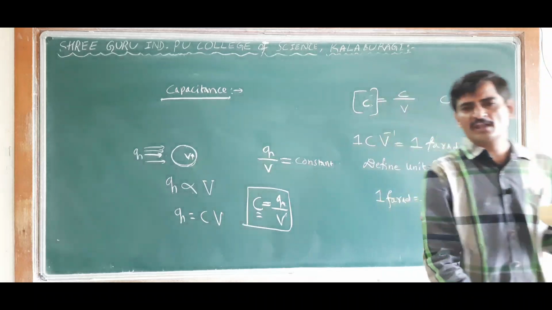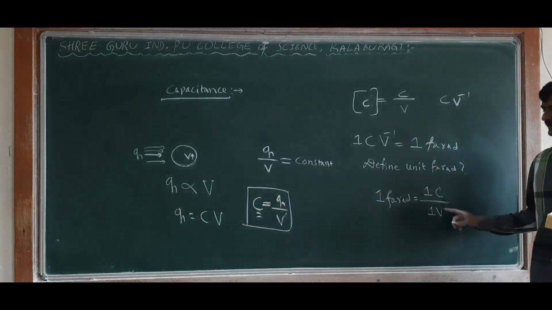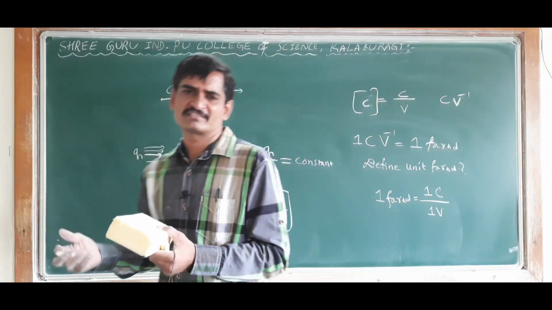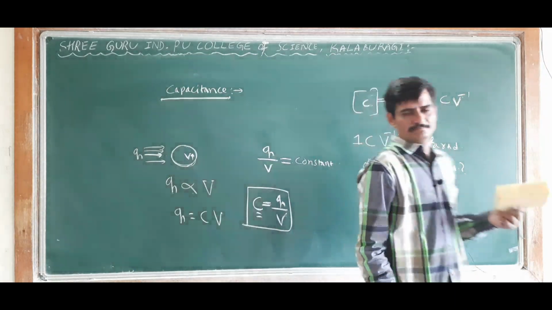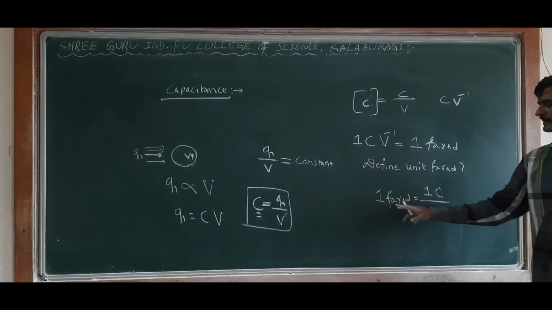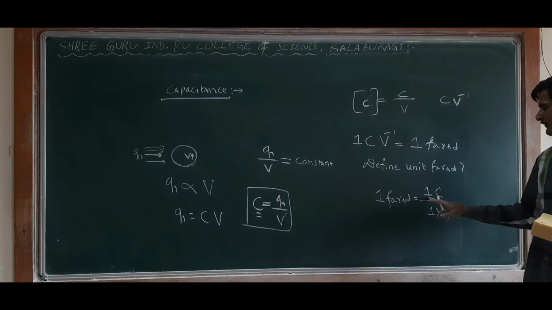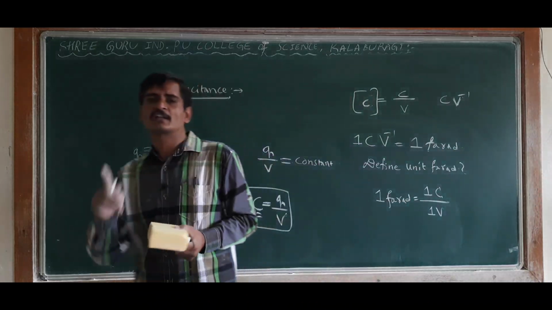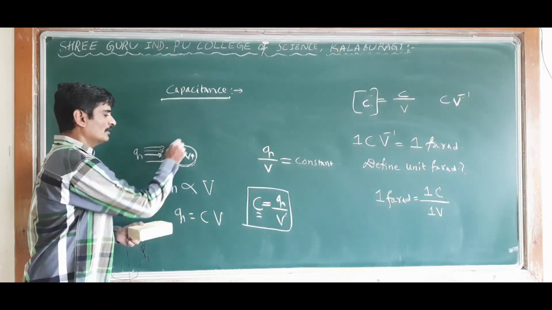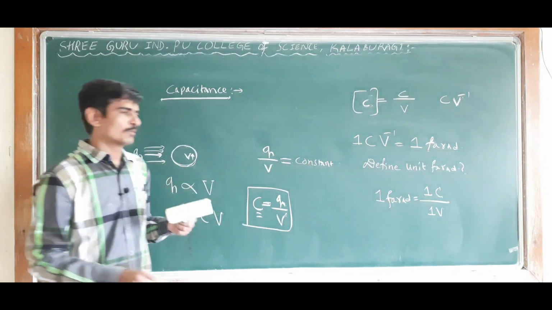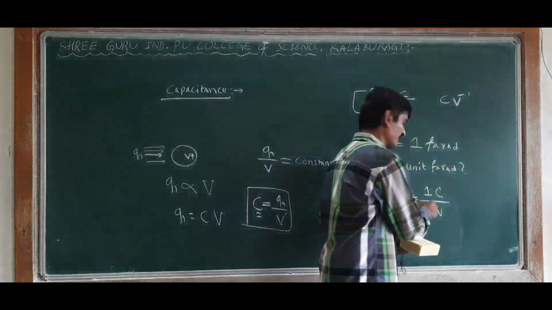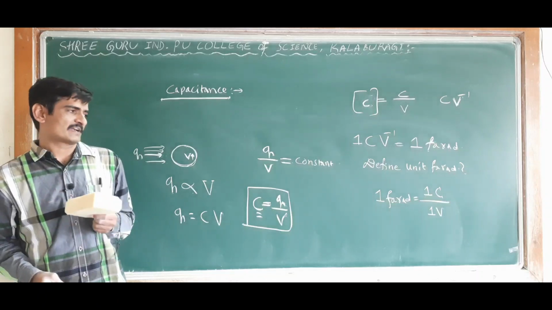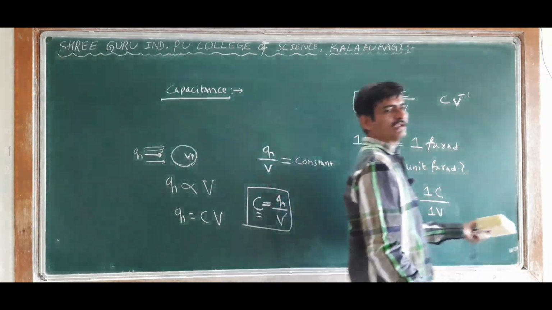To raise the potential of a conductor through 1 volt, if 1 coulomb of charge is required, then the capacitance of that conductor is said to be 1 farad.